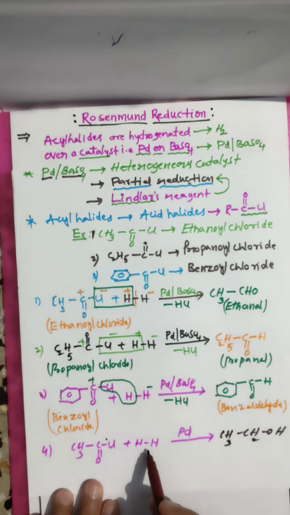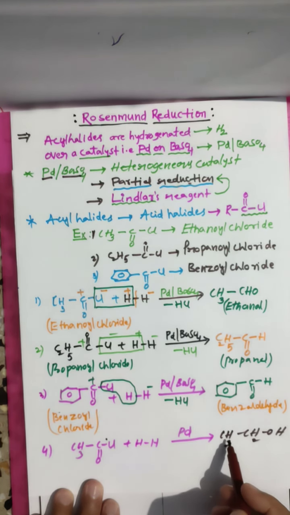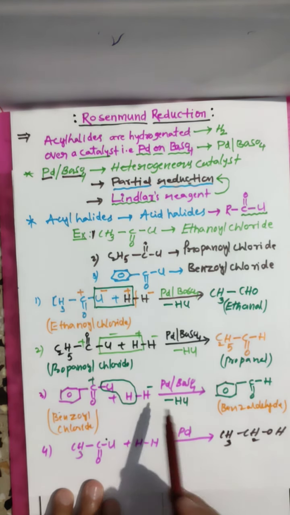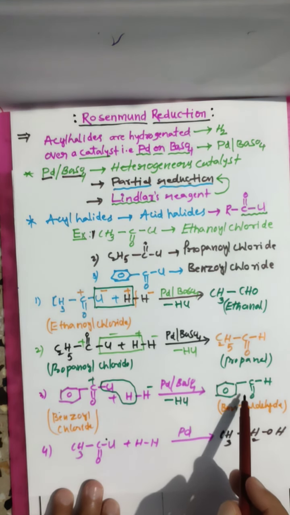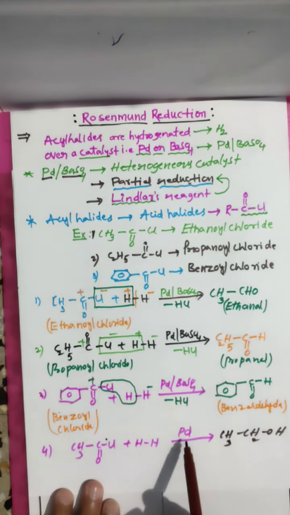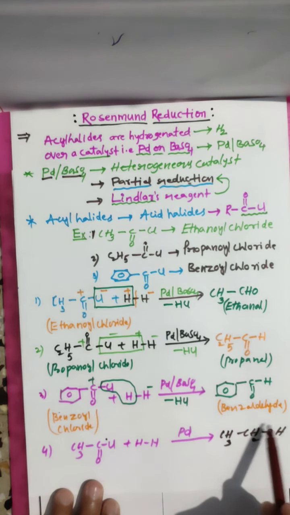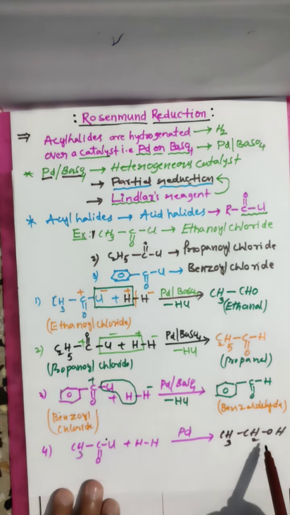Hydrogen gas with palladium catalyst, complete reduction will take place. So in the exam, if you do not write BaSO4, aldehyde will not be obtained. Hydrogen in the presence of palladium will give complete reduction. Then you are getting ethanoyl chloride converted into ethanol, not aldehyde.